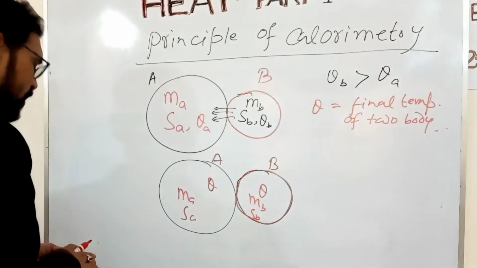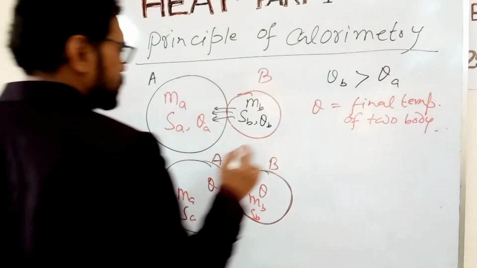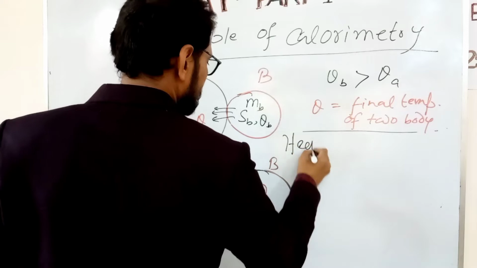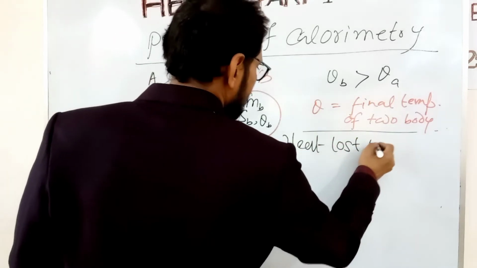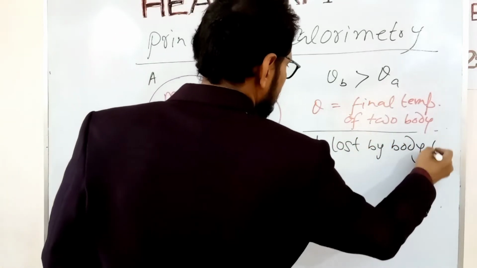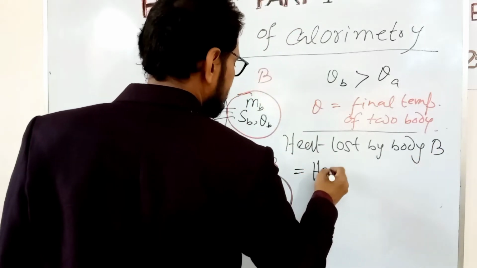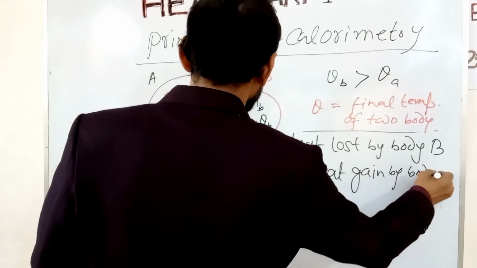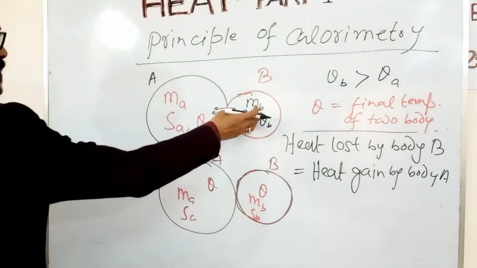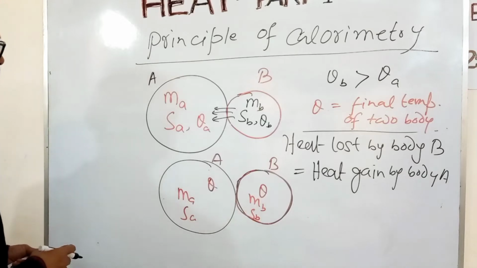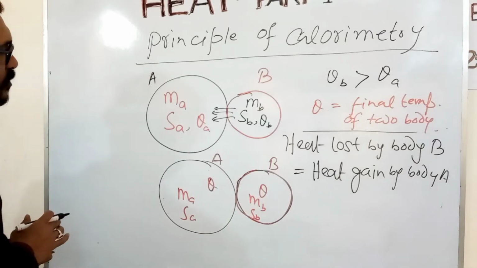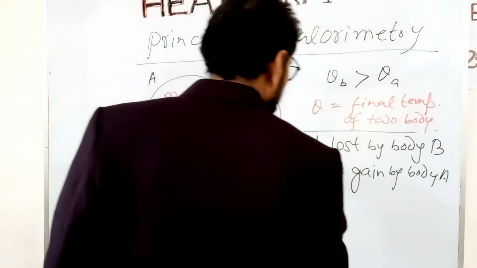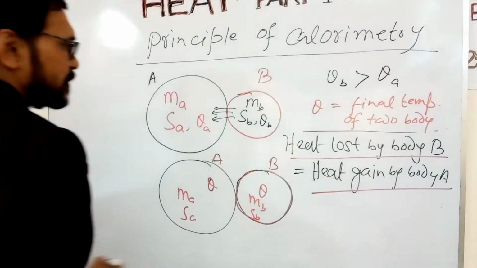At this point we can say that, this is the principle, heat lost by body B equals heat gained by body A. So B loses the heat and A gains the same amount of heat that is lost by B. So this is the principle of calorimetry.